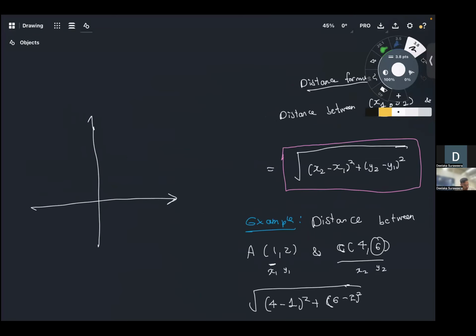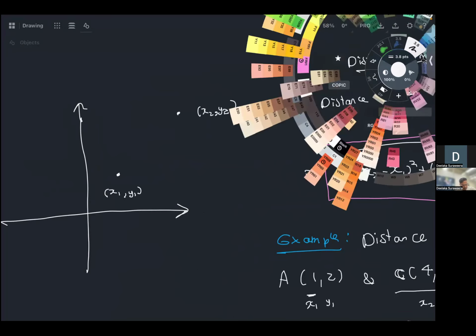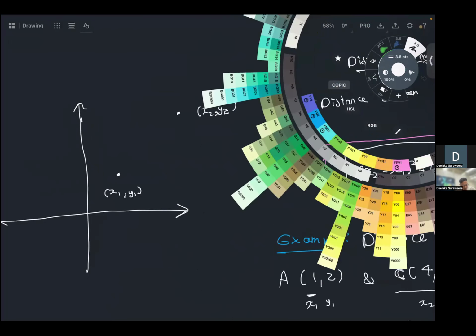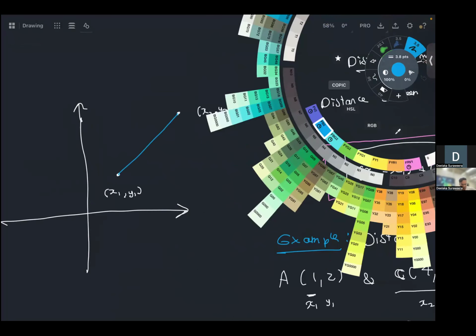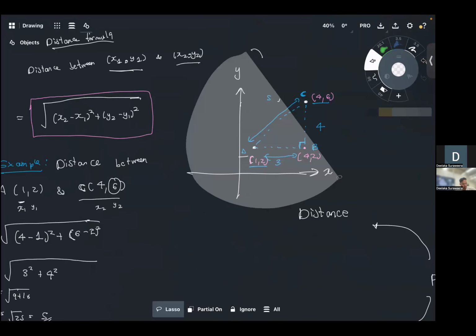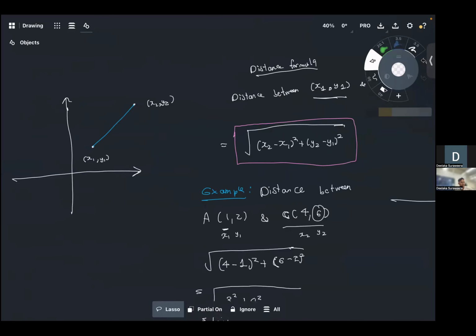This is why this formula works. Let's say we have x1, y1, and x2, y2, and we want to find the distance between these two. To show it geometrically, the formula does exactly what we did here: break it up into the horizontal bit and the vertical bit, because they're perpendicular, so you can use Pythagoras.